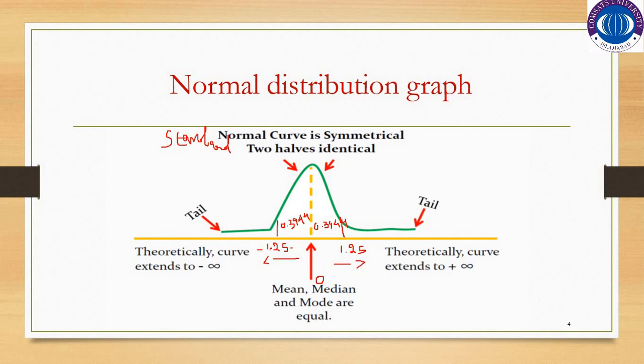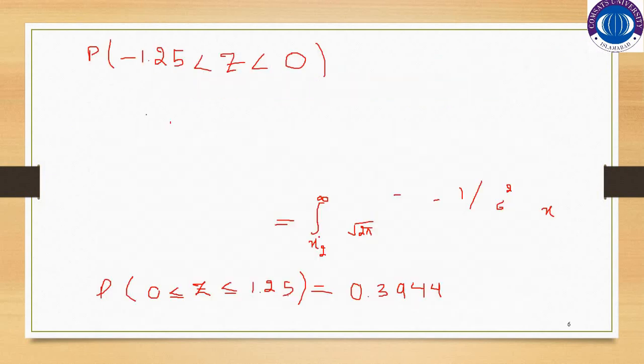This is positive and this is negative, but the area from this point to 0, or from 0 to 1.25, will be 0.3944. So we have the probability minus 1.25 less than z less than 0 again equal to 0.3944.